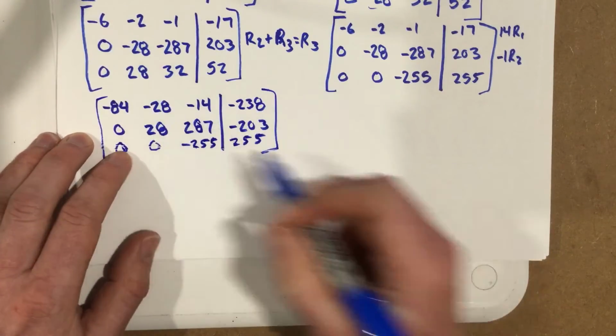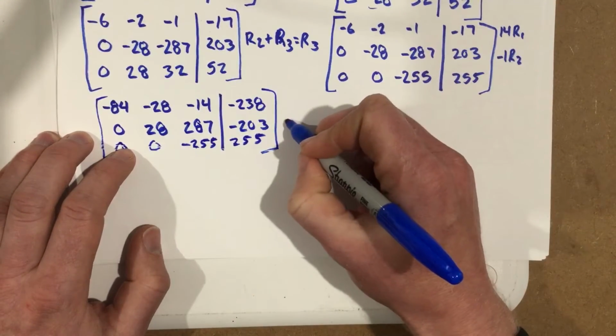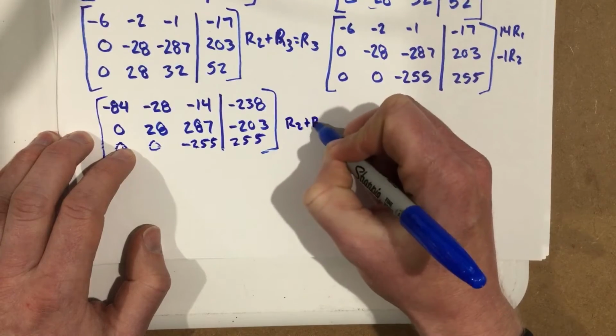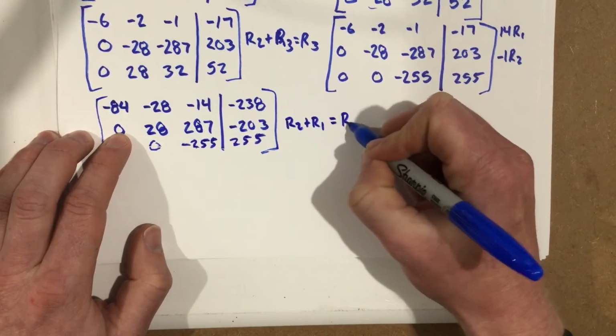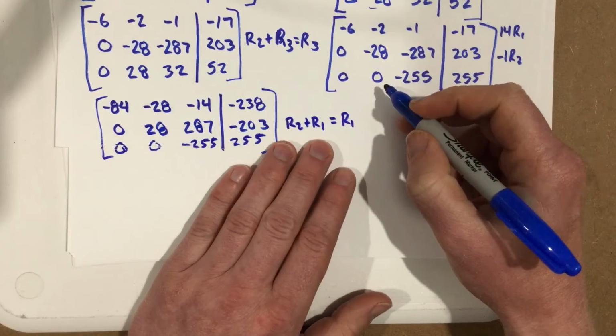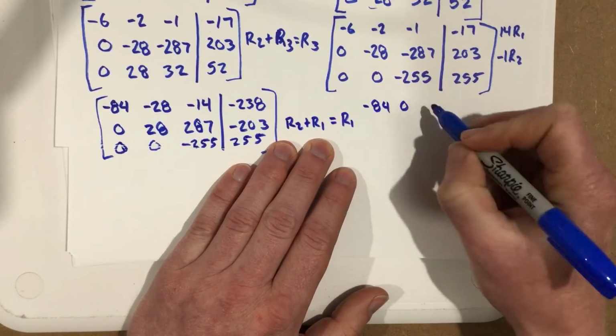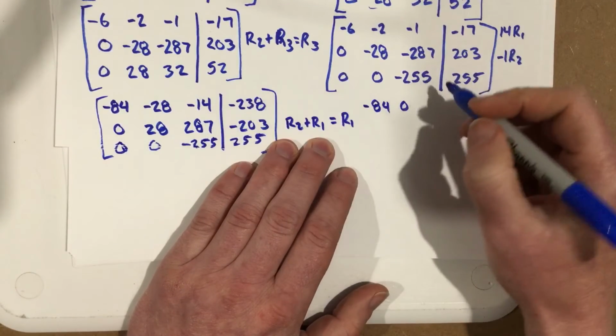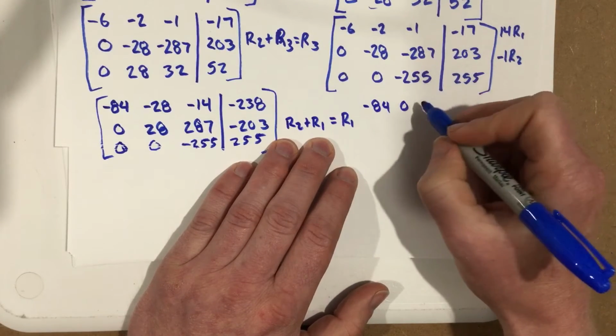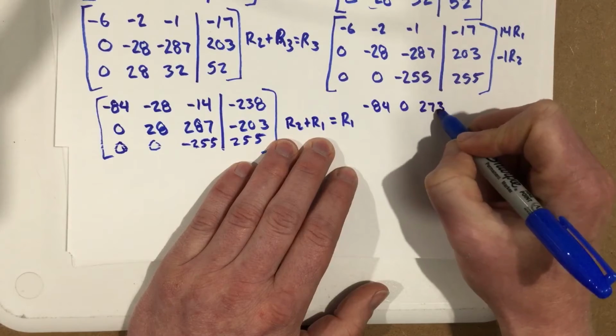Now I'm going to add row 2 with row 1, which will equal row 1. When I add those, I get negative 84, 0, 287 and negative 14 is going to be 273.